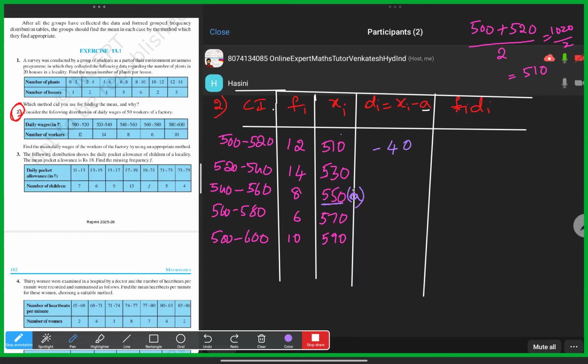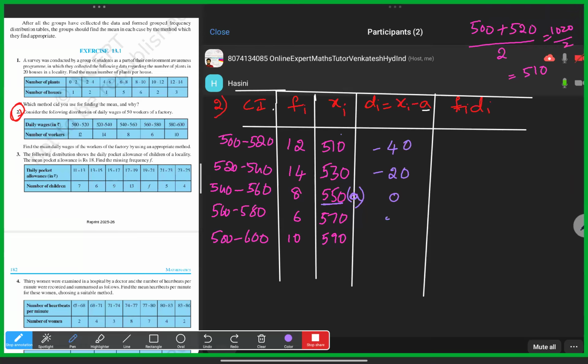Whatever xi is there, Hasni, minus A should be done every time. So 530 minus 550, how much? Minus 20. Yes, Hasni. Third one: 550. This time xi itself is that and A is also that, so 0. Next one, Hasni: 570 minus 550, plus 20.